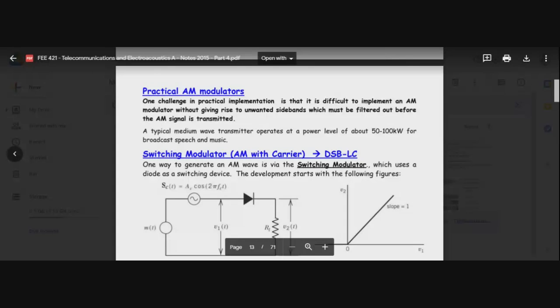Your intention is to produce, let's say, the message m of t multiplied by the carrier. But when you're done, you look at the output and you'll find that instead of m of t being multiplied by the carrier only, perhaps something is squared, and other terms come in.